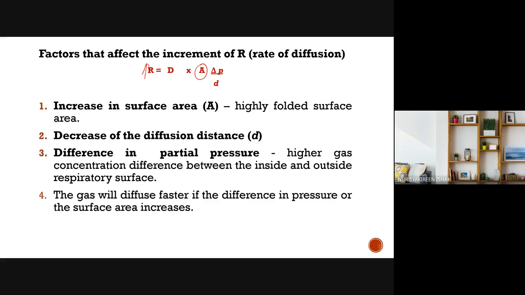Okay. So difference in the partial pressure, so higher gas concentration difference between the inside and outside of the respiratory system. So contohnya kalau dalam atmosphere, the partial pressure of oxygen is around 159, something like that.